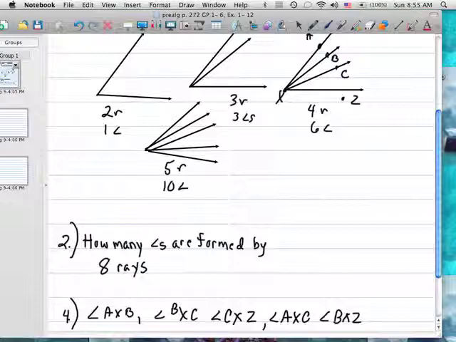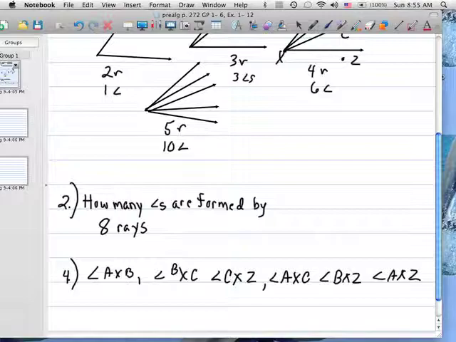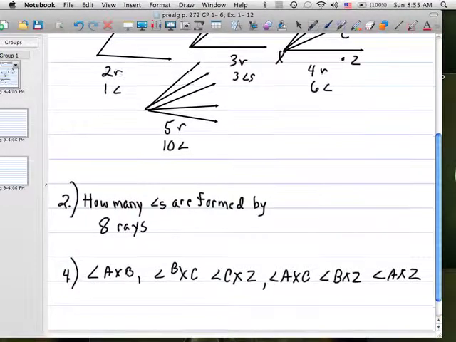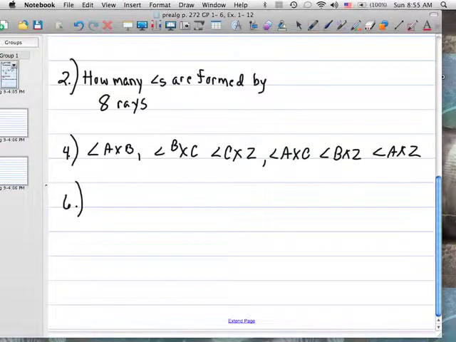And then finally I have the largest angle AXZ. And problem number 6, what is the solution to the problem?